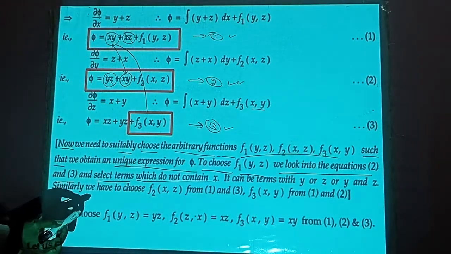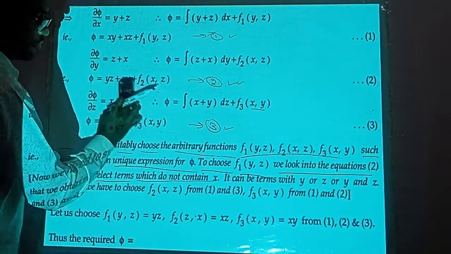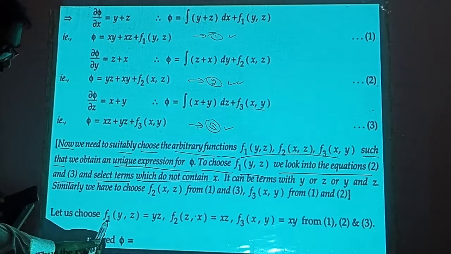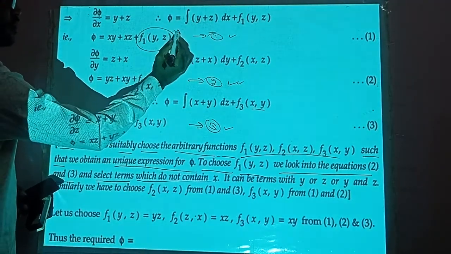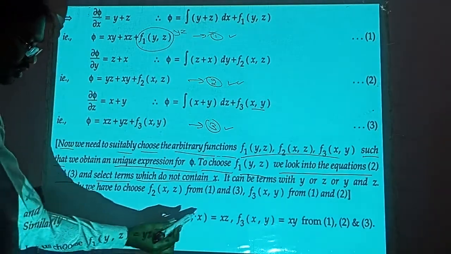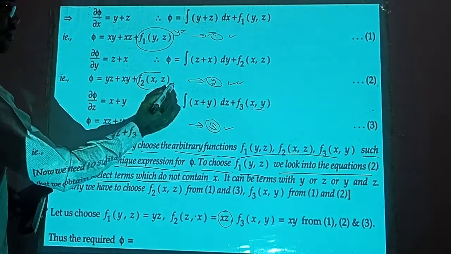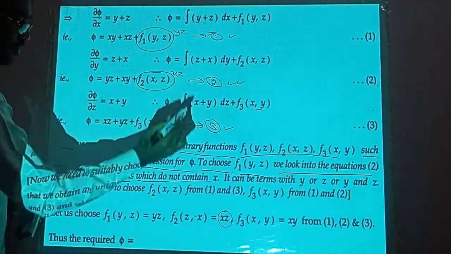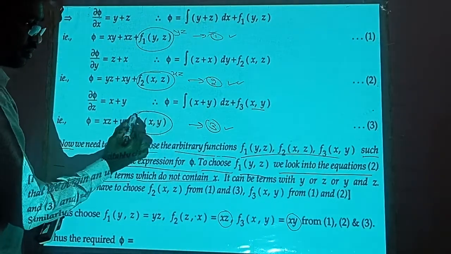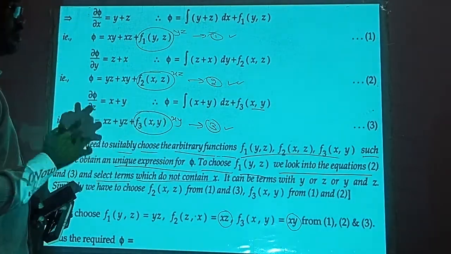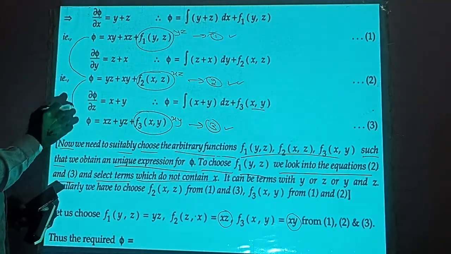Now we are going to replace. If you replace yz in the place of f1, xz in the place of f2, and xy in the place of f3, see, this phi is unique now.